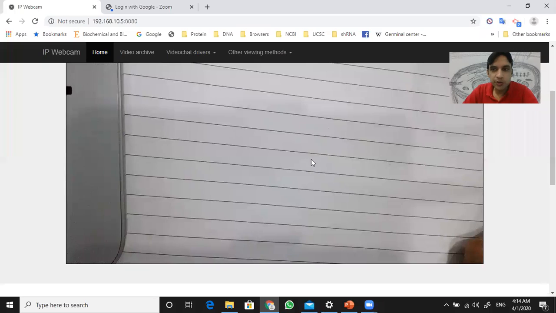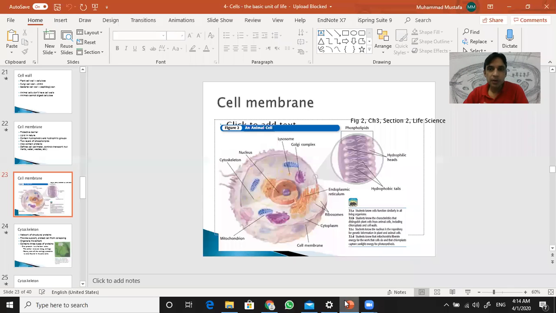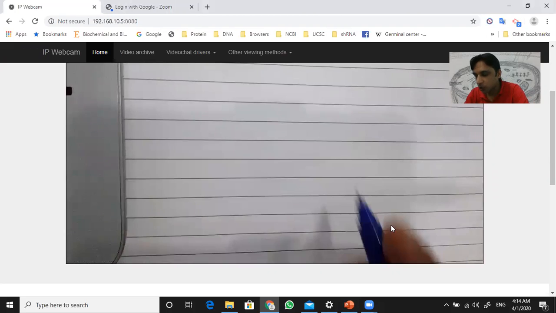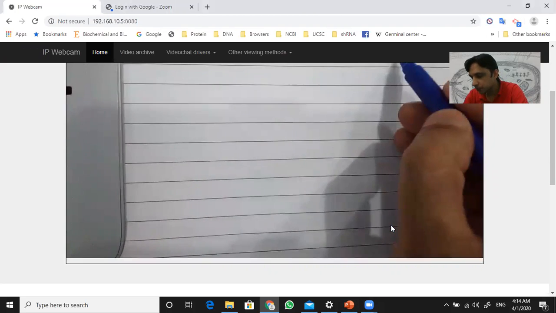This is my makeshift writing mode to explain the lipid bilayer. There exist two layers of those lipid molecules. And lipid molecules, remember, are very big, long molecules.